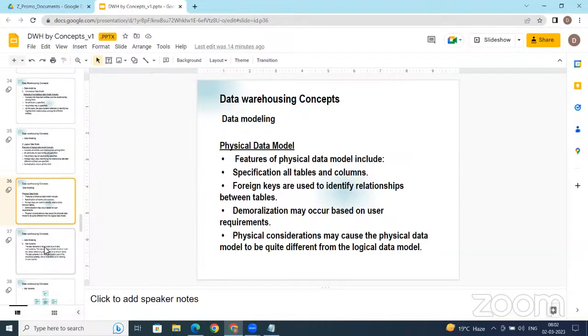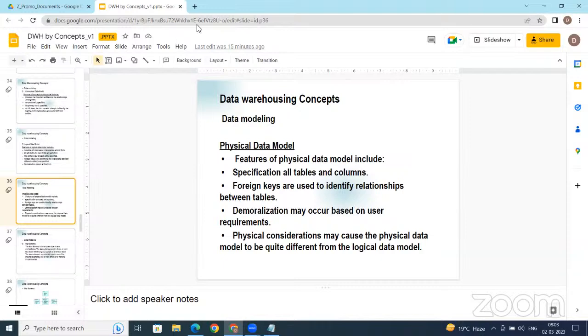Mostly in the dev environment they give permission to create the tables yourself, because if every developer creates tables everywhere, it would be a problem. For QA, pre-prod and production, all of that is controlled by the DBA team.